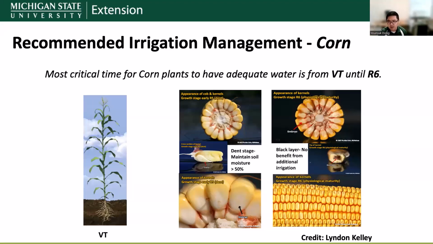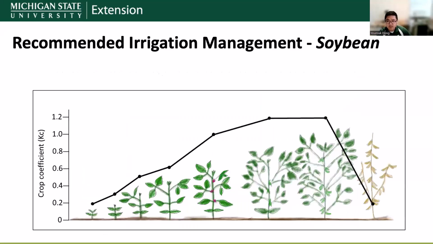So the period between the VT stage and R6 is the critical time for irrigation, when the corn needs water to maximize production quality.